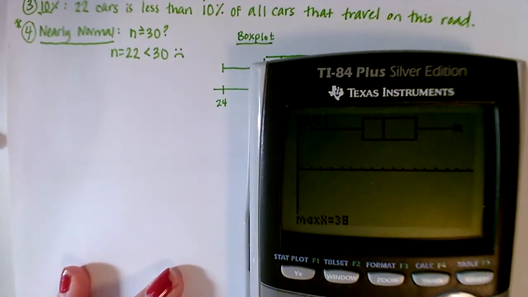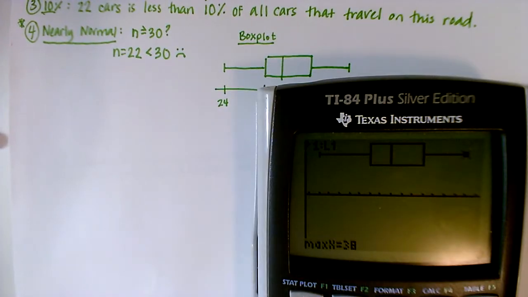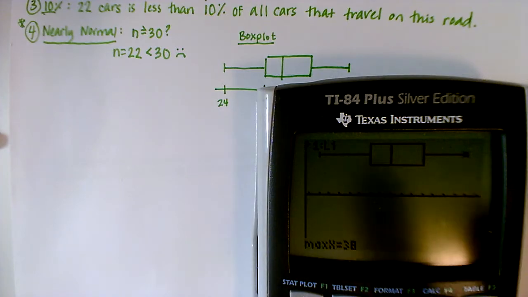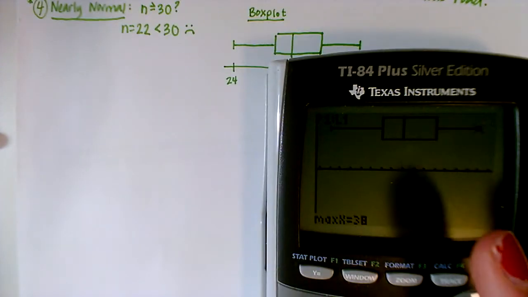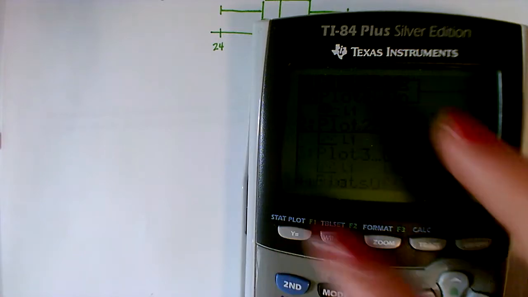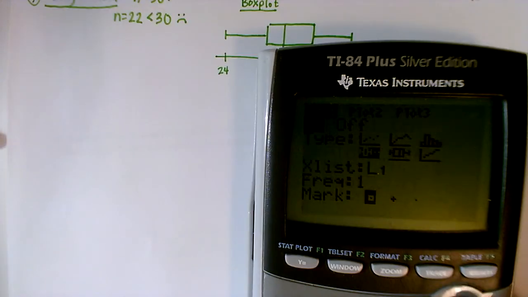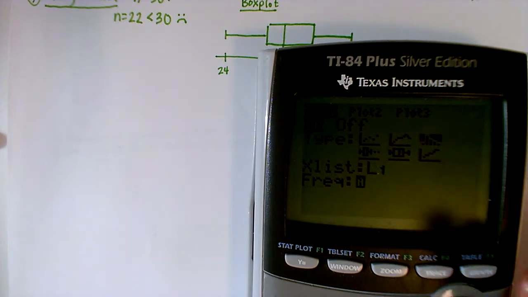So what you're going to do is a quick sneak peek of the histogram. You don't even have to draw it. You're just going to go to second, stat plot, and change your same thing. You're going to go over to histogram. You don't need to change anything here.